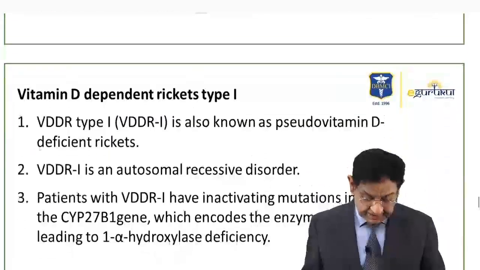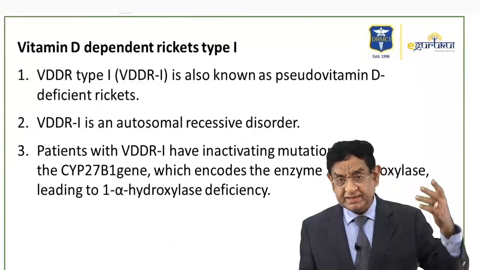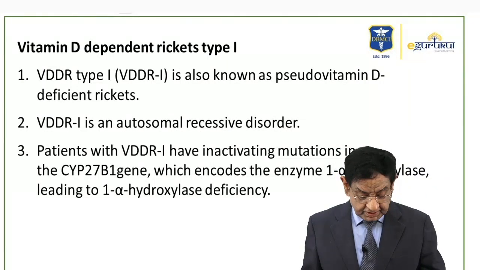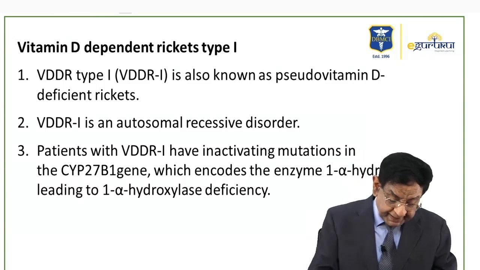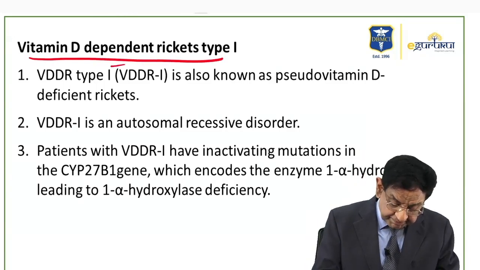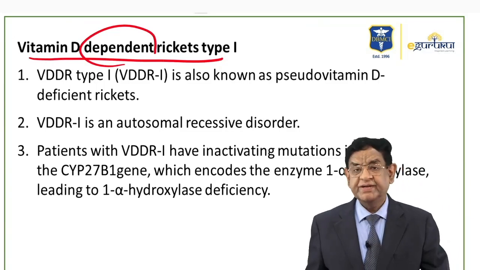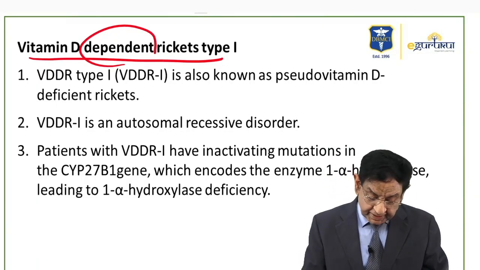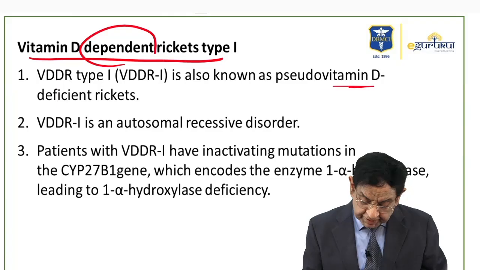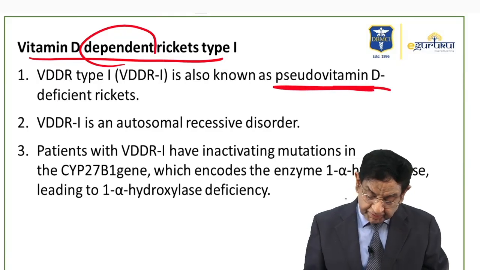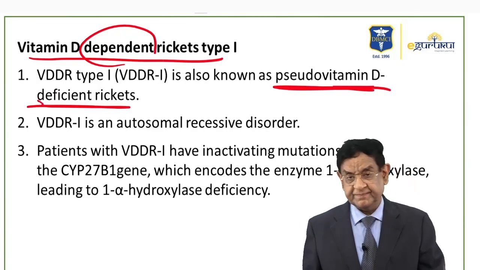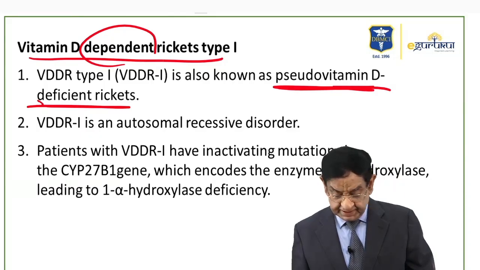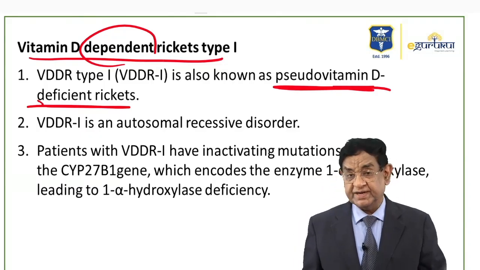Okay. Now that was vitamin D resistant cases, right? So now we talk about vitamin D dependent type of rickets. We have type 1 and type 2. Type 1 is also known as pseudo vitamin D deficient rickets.